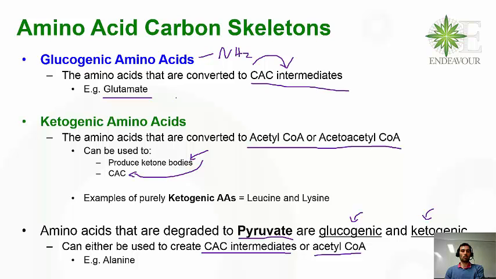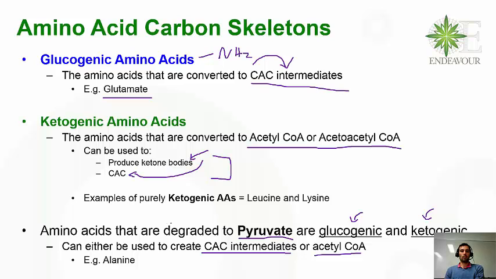So to summarize, the glucogenic amino acids are those that are the citric acid cycle intermediates, whereas the ketogenic amino acids are those that are the acetyl-CoA that feed into different processes that acetyl-CoA is used for. We've got a couple listed here.